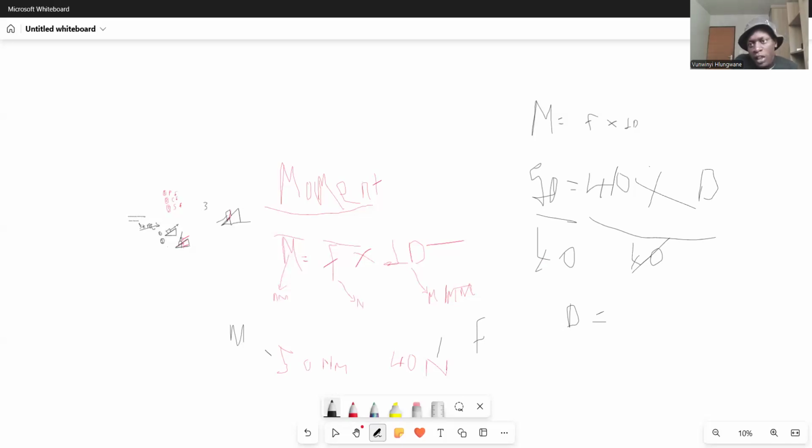The actual perpendicular distance will be 5 divided by 4. Remember, the SI unit of perpendicular distance is meter or millimeter. They will tell you measured in what. Then you are done. Simple.